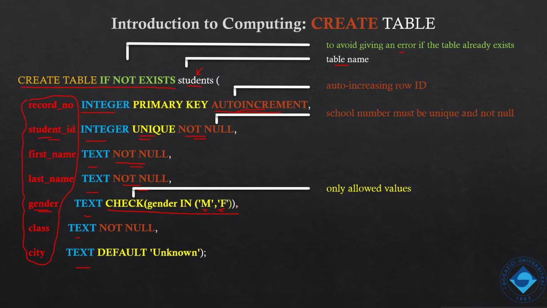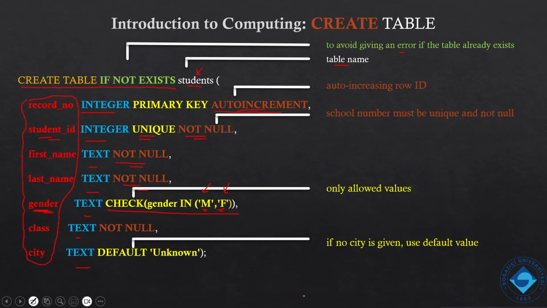You can't write X, you can't write names or whatever. You can only write male or female for your gender, right? And default unknown means if no city is given for your city field, it will assign unknown. It is our default value.